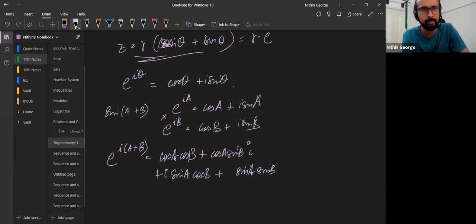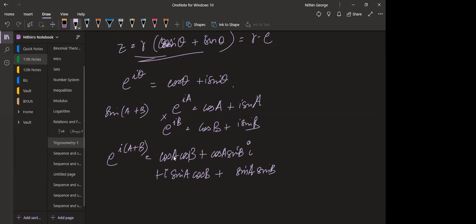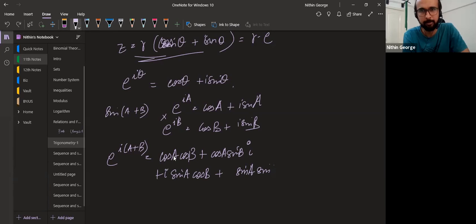I square is minus 1. Putting the real and imaginary parts separately, the real part is cos a cos b minus sin a sin b.